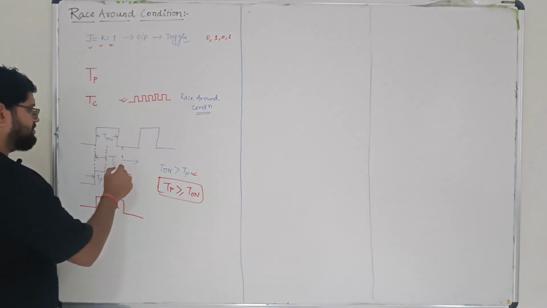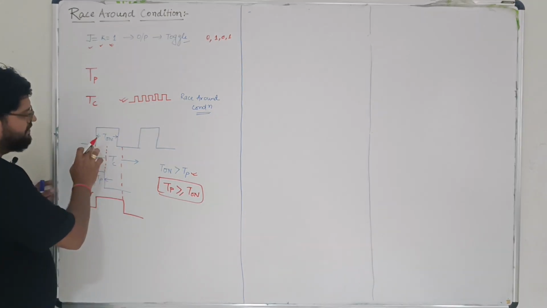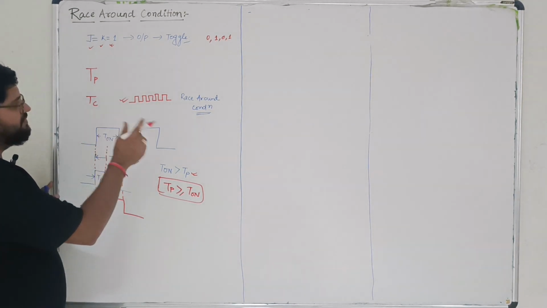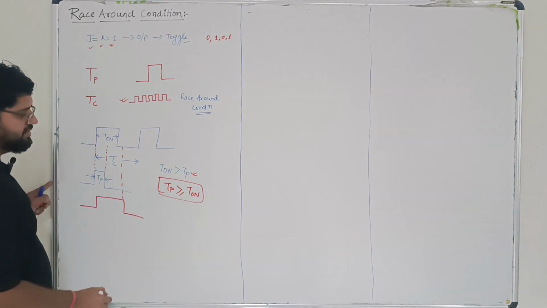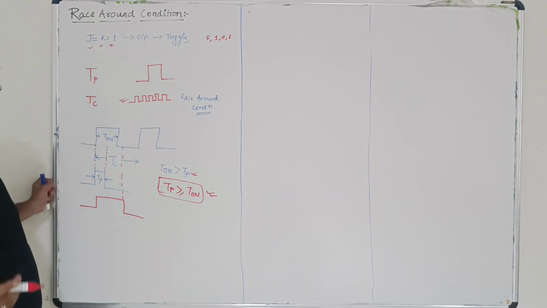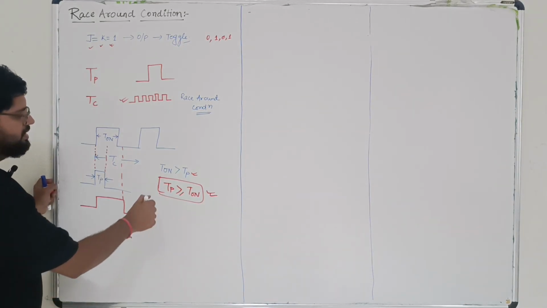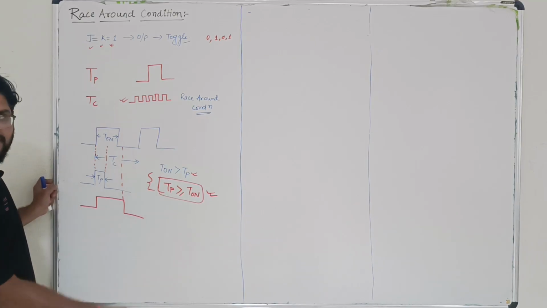In that case you will find it is smaller than the clock period. So even if it is extended, you will get the output only one time. But getting a TP greater than or equal to T on is a difficult task. Verbally we are telling it, but practically doing this is difficult.